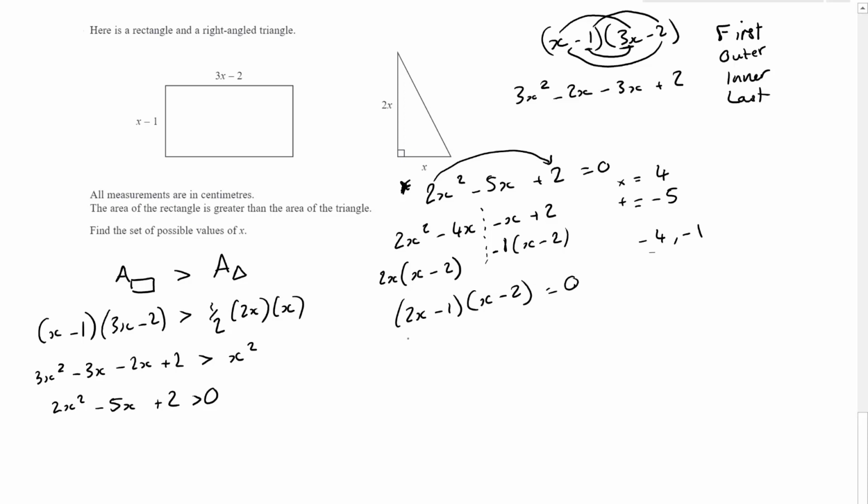And so if 2x minus 1 was equal to 0, this would give an x value of a half, and if x minus 2 was equal to 0, it would give an x value of 2. Okay, now we have our limits. We can draw a sketch again.